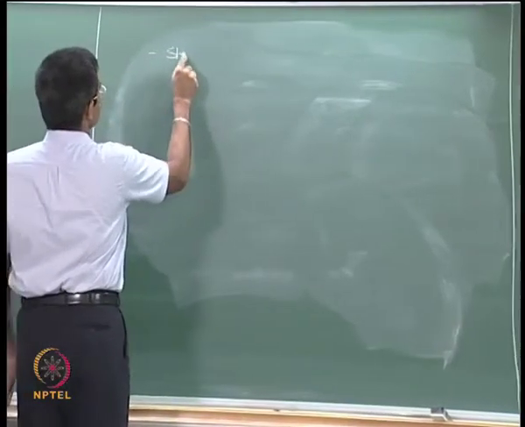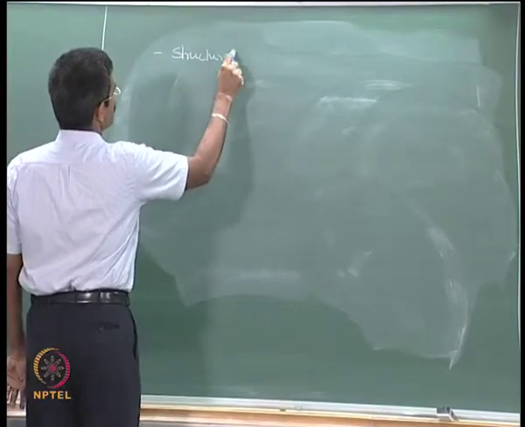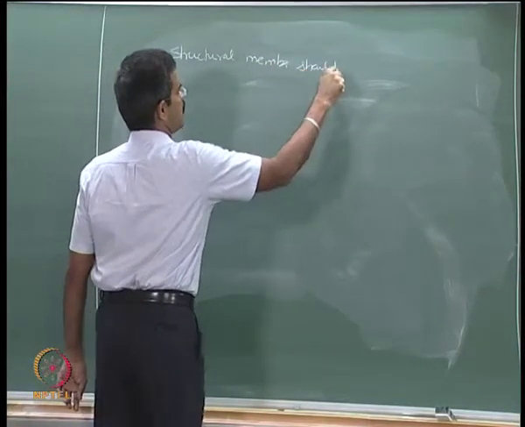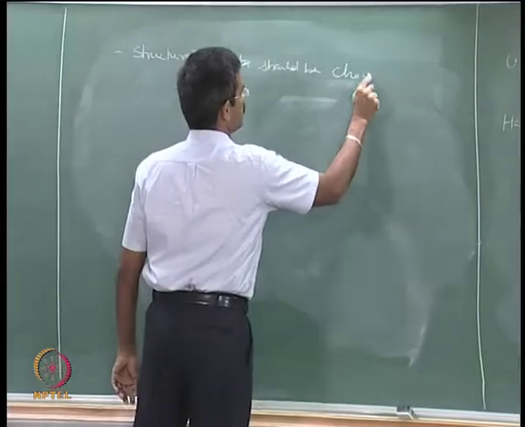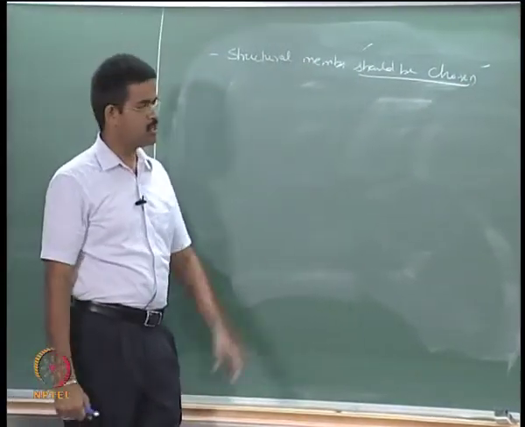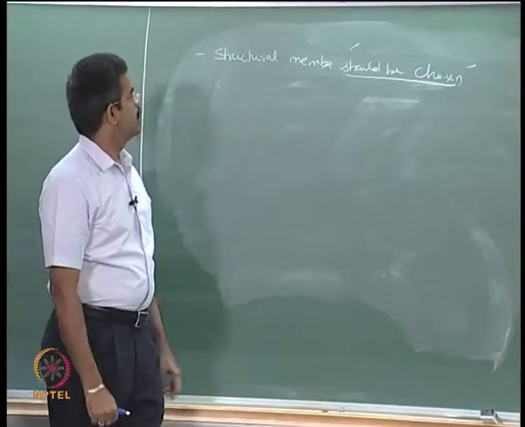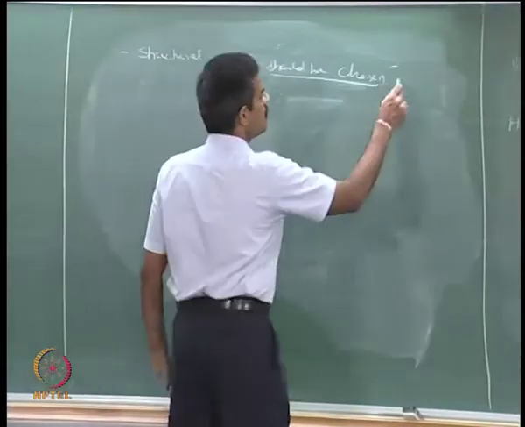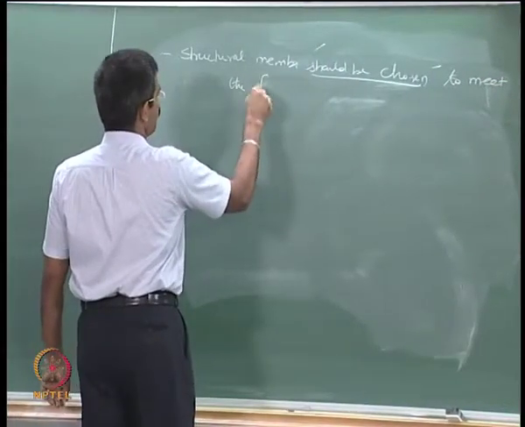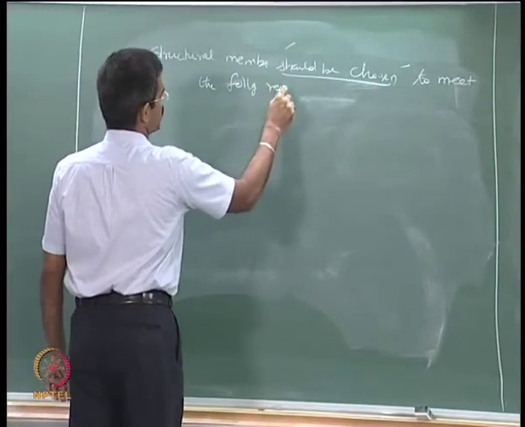Therefore, the structural member should fulfill or should be chosen. If you remember yesterday's definition of the design, I already said you are choosing the member, it should be chosen to meet the following requirement.